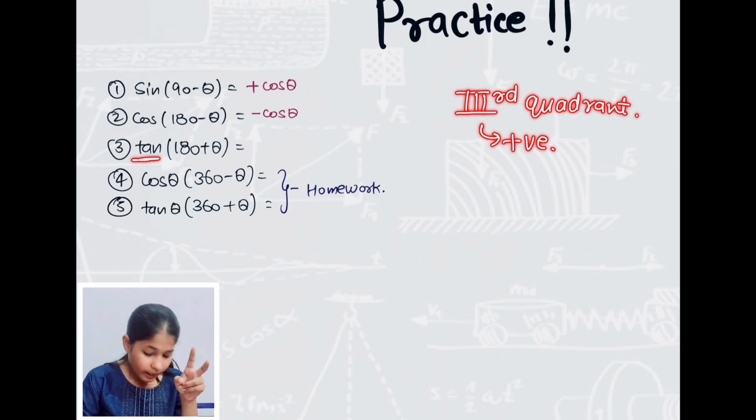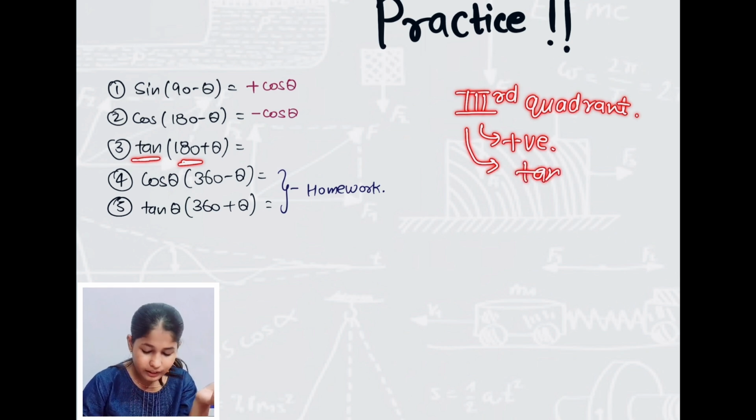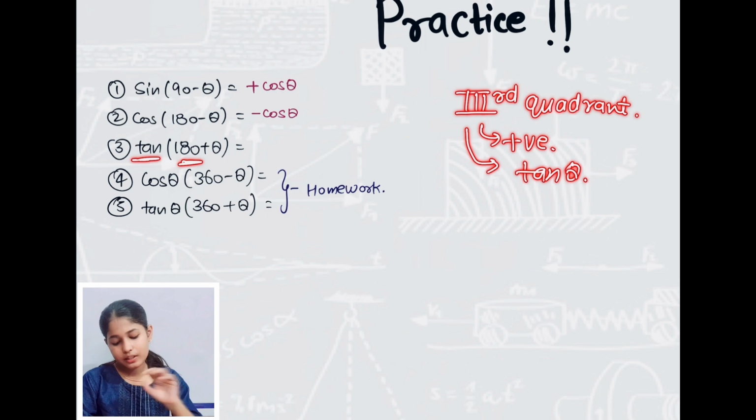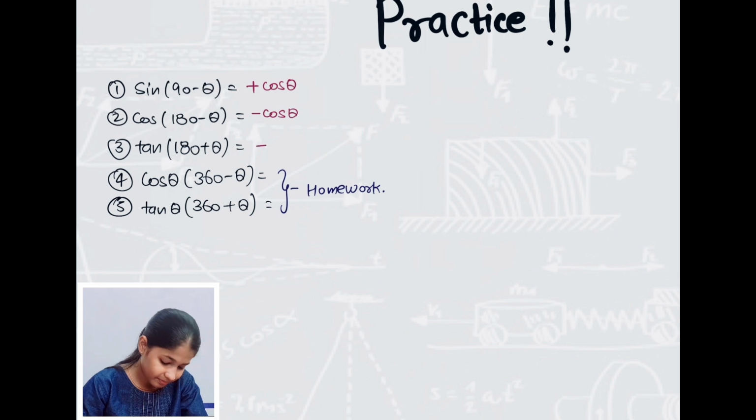But 180 degrees is given; will any changes come? Simply no. So it will remain the same, that is tan theta. Can I write here positive tan theta? Yes. Positive tan theta.